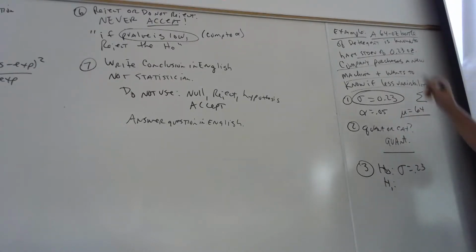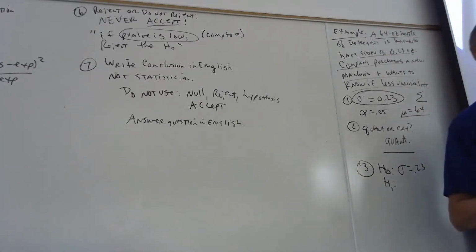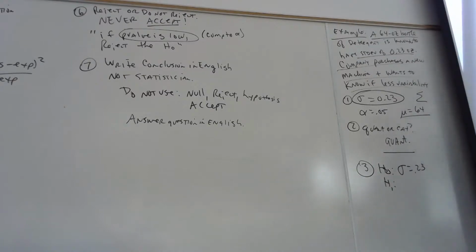I guess you could say that 64 ounces was the mu, okay? But what are we trying to prove? Standard deviation. We're still trying to talk about standard deviation, so that wouldn't matter in this case. Okay? All right, so the alternative hypothesis would be, I have no idea.